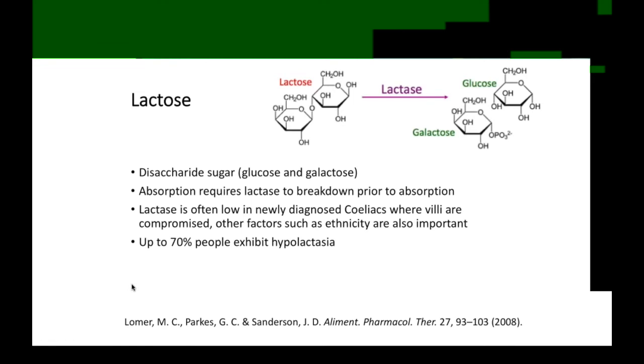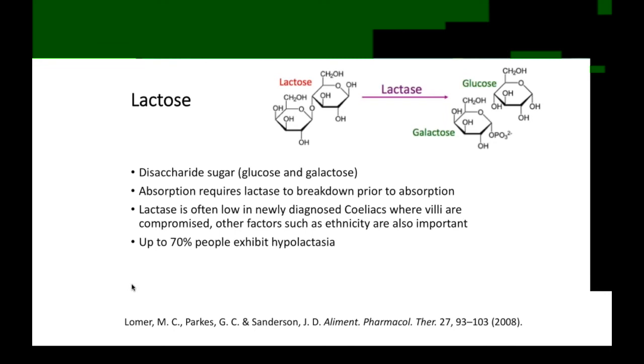Now, again, lactose, and if you've done your DNA, you will probably know whether or not you have lactase persistence or not. And obviously, for certain cultures and ethnicities, lactose intolerance is more of an issue than in others. Again, there are 2 different types of lactose intolerance, primary and secondary.